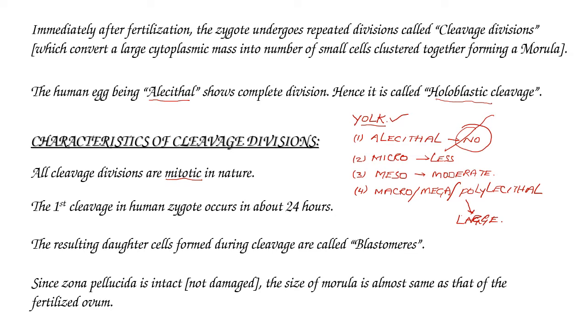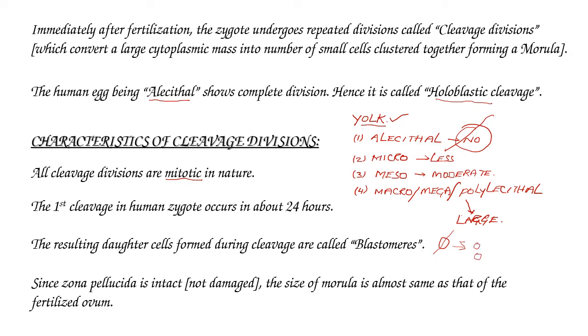So first we have a zygote, and it undergoes first cleavage within 24 hours after fertilization, and it forms two cells.